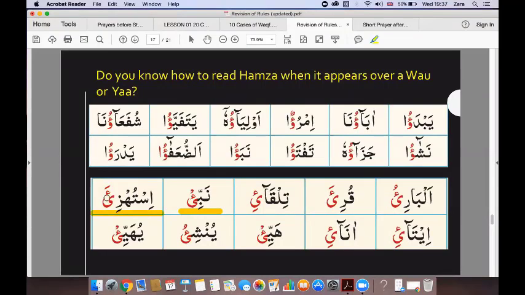If we paused over here on the hamza with the fatha, it would be istuhzi, so the hamza would take a sukoon. Over here, if we paused on the hamza with dhamma, yunshi. Okay, so hopefully that is straightforward for you all.